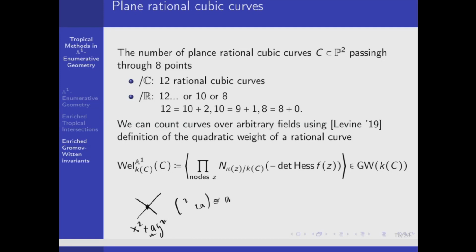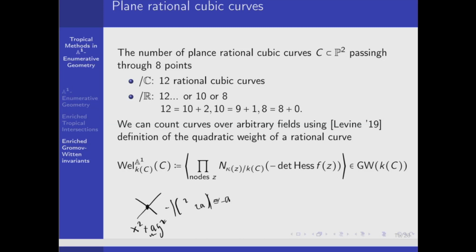Well, technically, just to coincide with the reals, we use minus the determinant. This minus is just, let's say, a convention. But that's it. We need the determinant of the Hessian. Now, what may happen is that the node lives on a field extension, right?